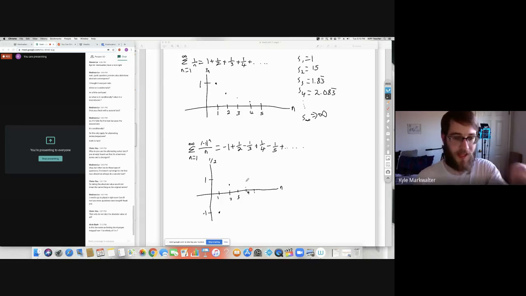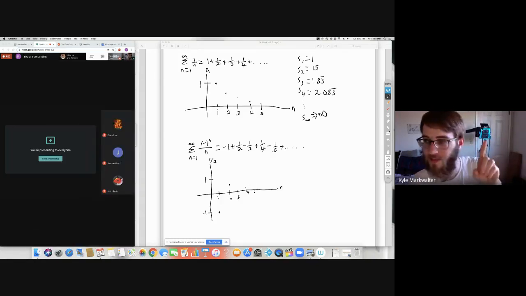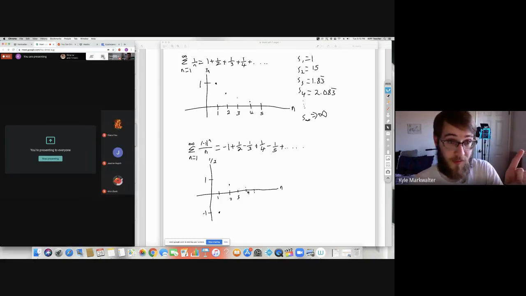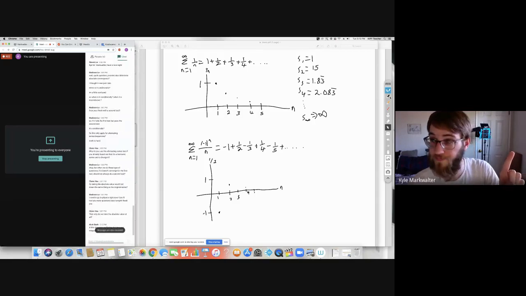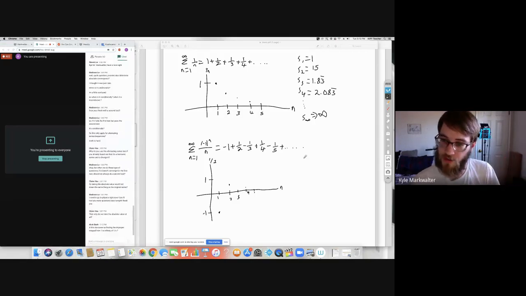Now think about what that means for the sum of this series. For the partial sums, my first partial sum, if I just add the first term, is -1. If I add my next term, -1 plus a half, that'll give me -0.5 as my sum.